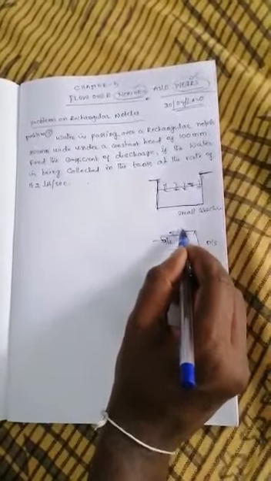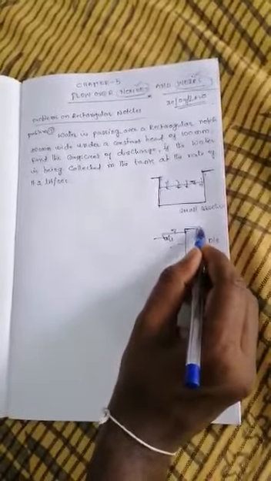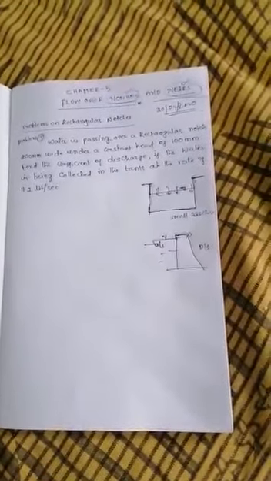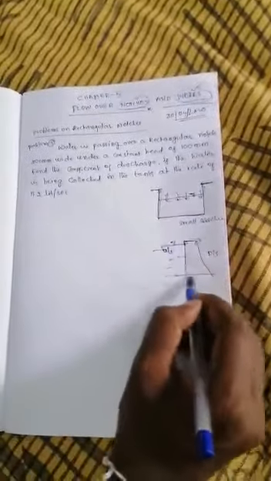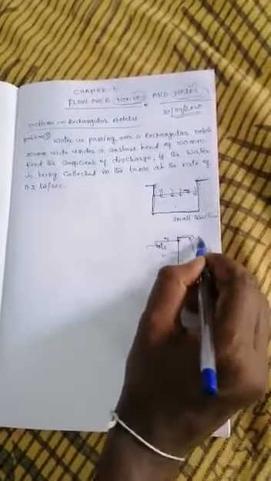When the water level exceeds the top level, it flows over the weir. So this is the basic difference between notches and weirs: with notches we calculate small discharges, with weirs we calculate larger discharges.